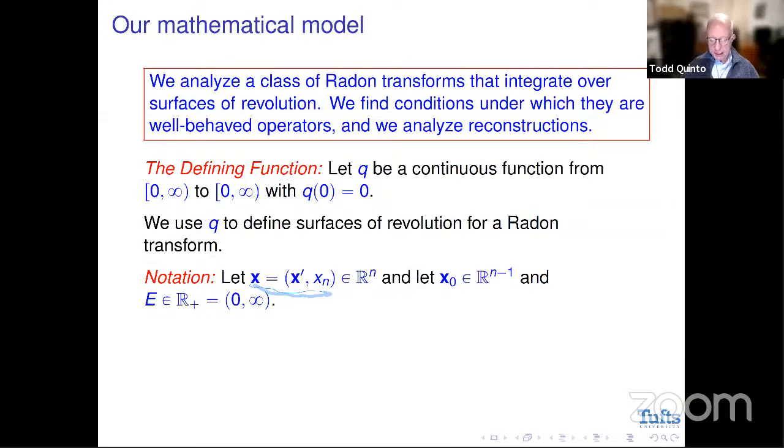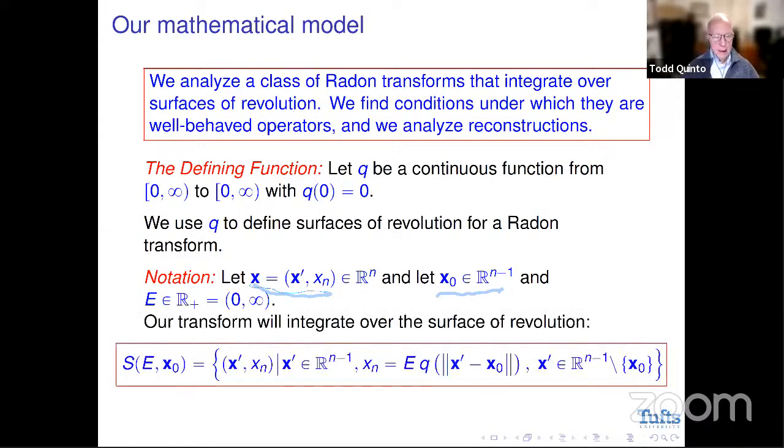The center or base of our cone is going to be in R^(n-1), and E is just a positive real number that represents the energy in our models. Our transform will integrate over this surface. We take the points in R^n such that the nth coordinate is this constant E times this function Q that we defined. It defines the radius.